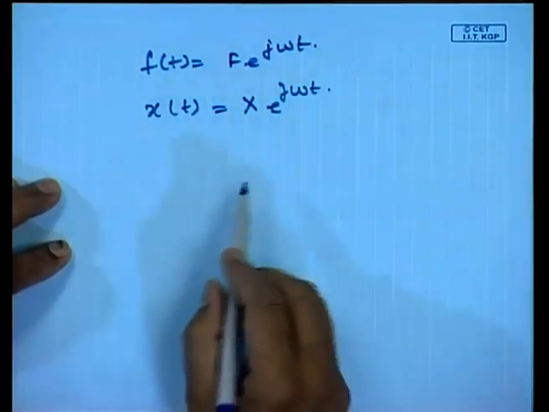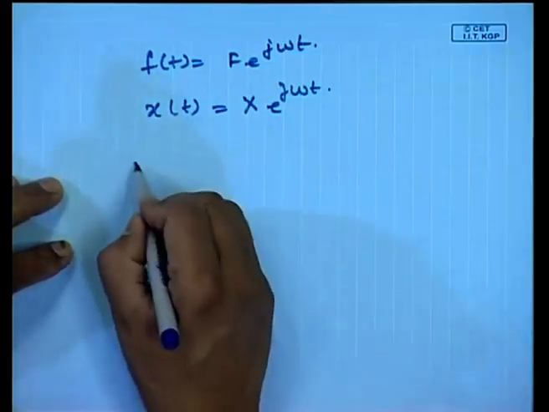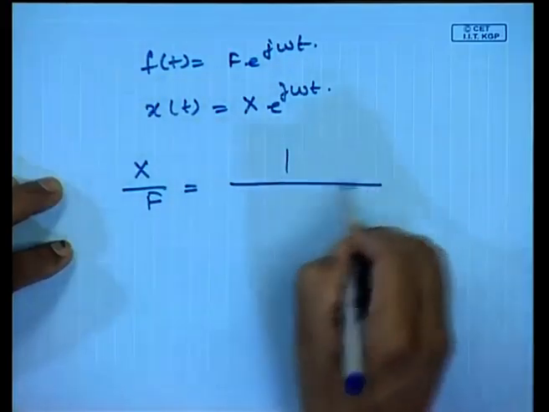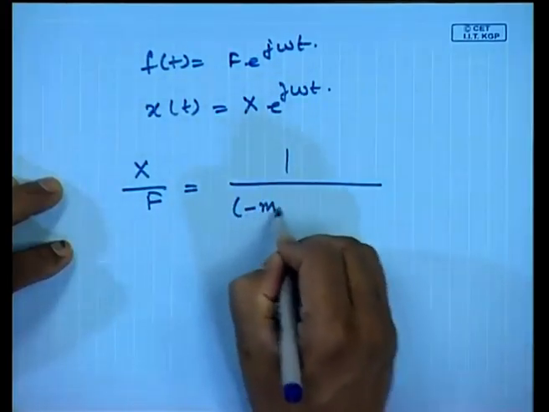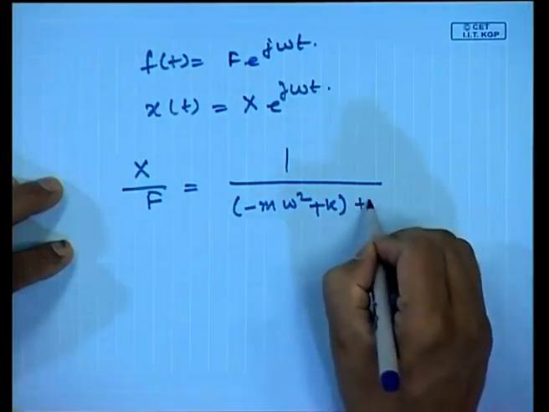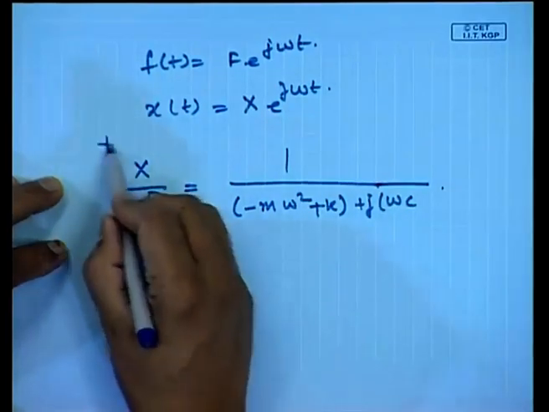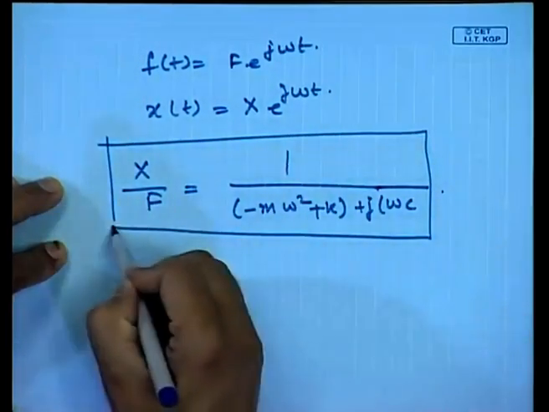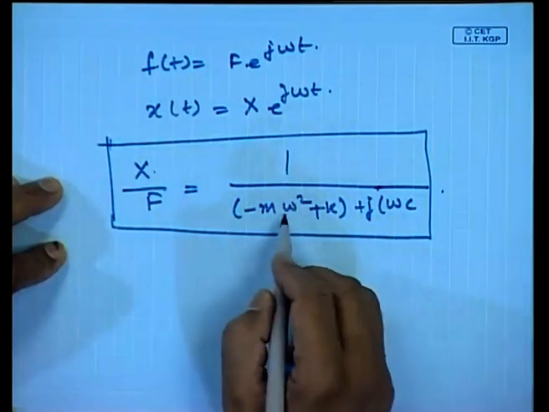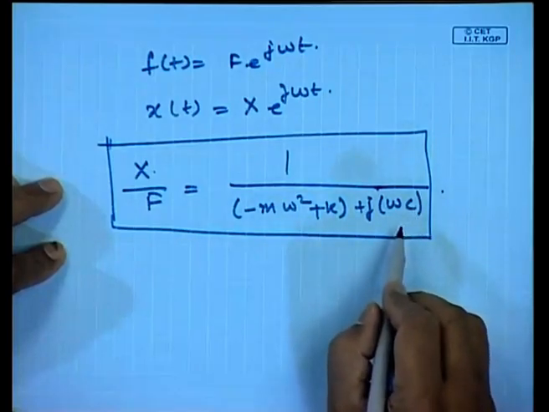By substituting such an equation in the equation of motion, I will have this form: X by F is equal to 1 by minus m omega square plus k plus j omega c. This is one form of the response to the force, where m, k and c are the system characteristics.